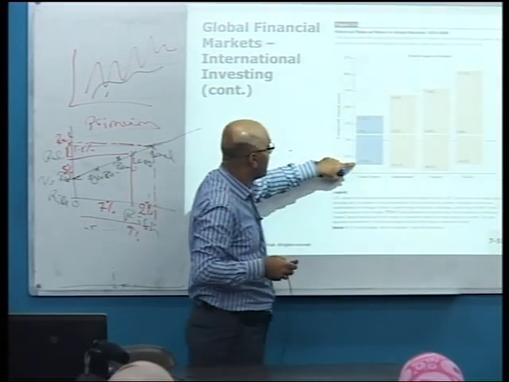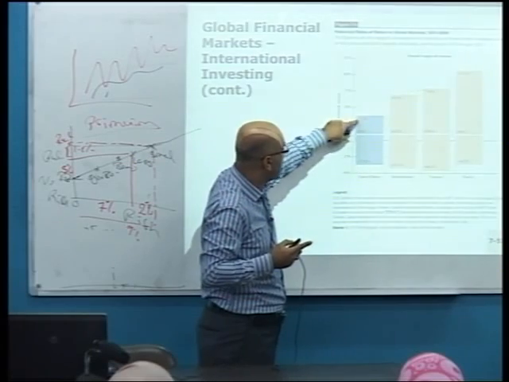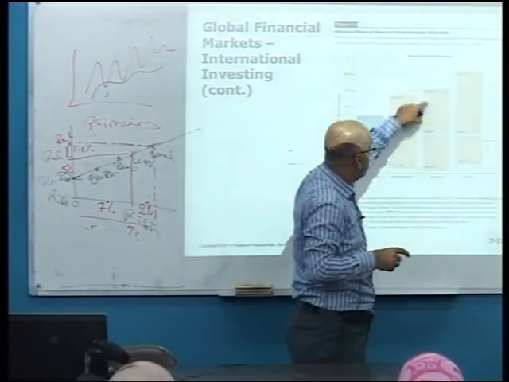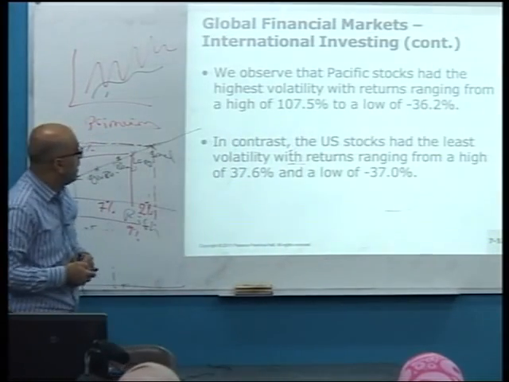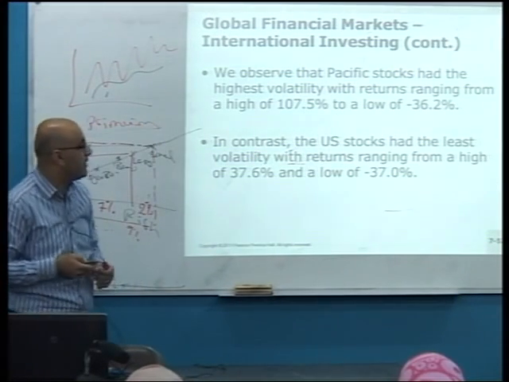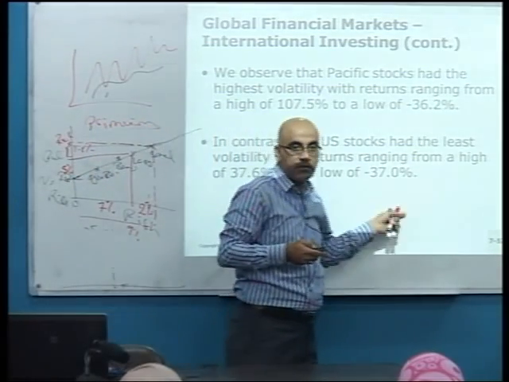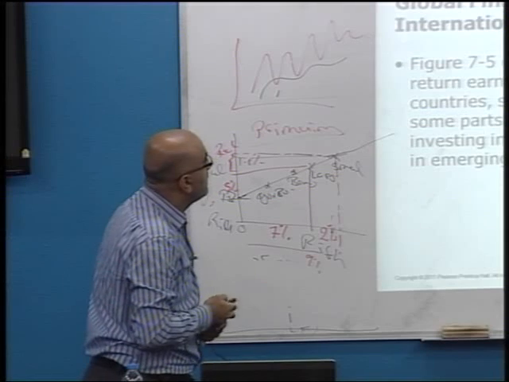But in the United States, you can lose only 37% or gain 37%, so the fluctuation is very close, but here it is very wide. In contrast, United States stocks had the least volatility, with returns ranging from minus 37% to plus 37%.